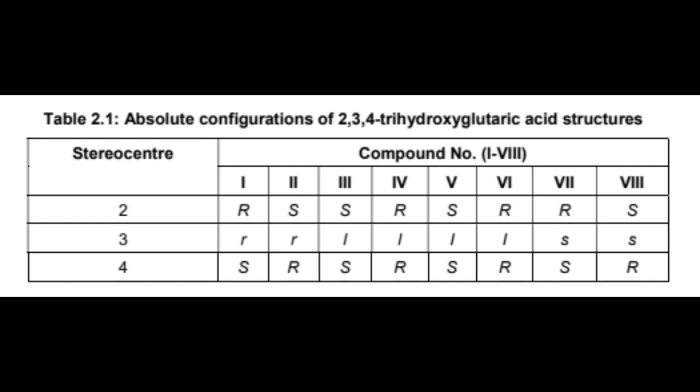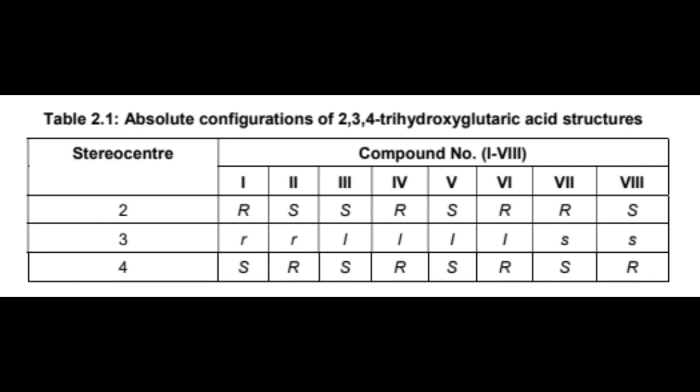Let us again look into the molecule of trihydroxyglutaric acid to understand it from the point of view of configuration at different stereocenters. The possible stereoisomers of this molecule are given in figure 2.18, 1-8. It has 3 stereocenters as depicted by the numbers 2, 3, and 4.